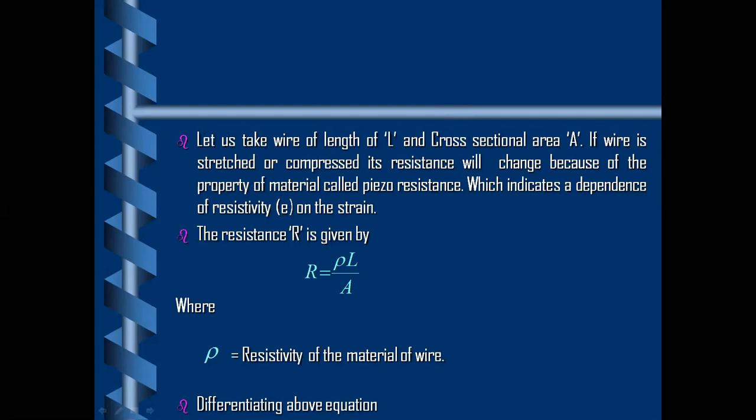Now let us take a wire. We have considered a wire with a cross-sectional area. The cross-sectional area of the wire is given by A. The length of the wire is given as L. If the wire is stretched, I will again show it with another color.